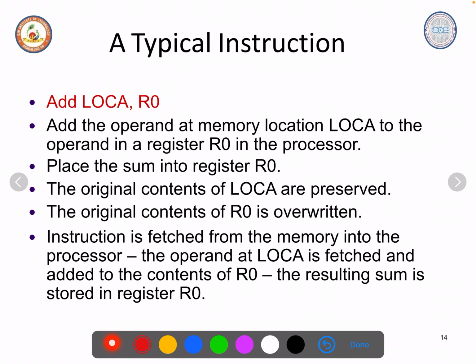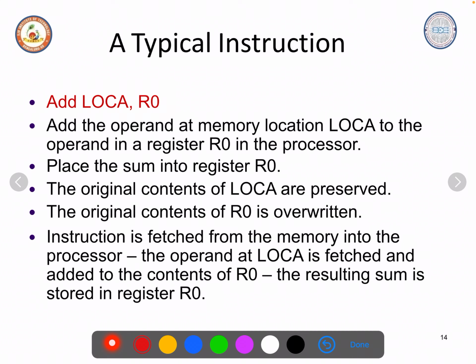Add is an arithmetic operation: Add location A, R0. So the add has an operand at a memory location, whose address is specified as location A, and the second operand is in the register R0 in the processor.